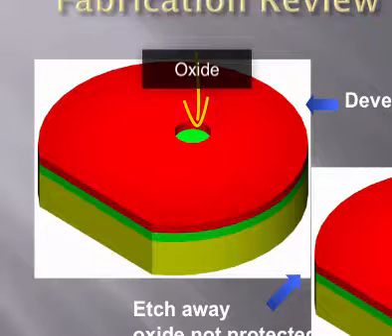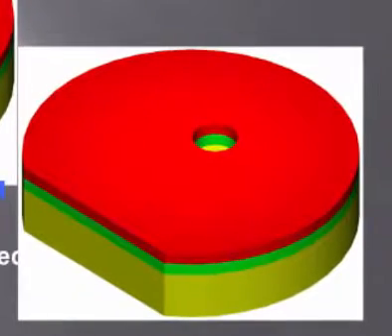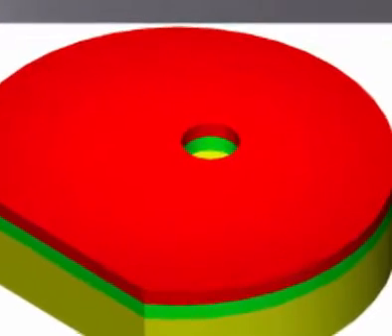So that's exposed now. So if I put this in HF, what's going to etch? The stuff that's exposed, right? So the silicon dioxide that's exposed in the hole in the photoresist gets etched away, and that's what the next figure in this slide is showing you. So the stuff that's not protected gets etched away.